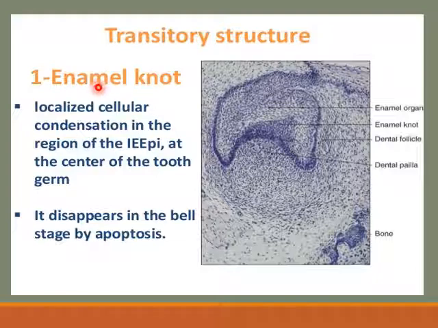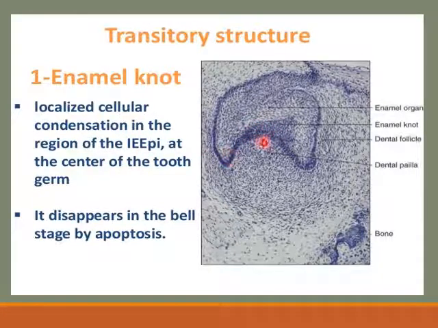The most important one is the enamel knot, because it is present in the enamel organ to determine the number of cusp tips in the tooth, 1 cusp or 2 or 3 cusps. This is a localized cellular condensation in the region of the inner enamel epithelium.